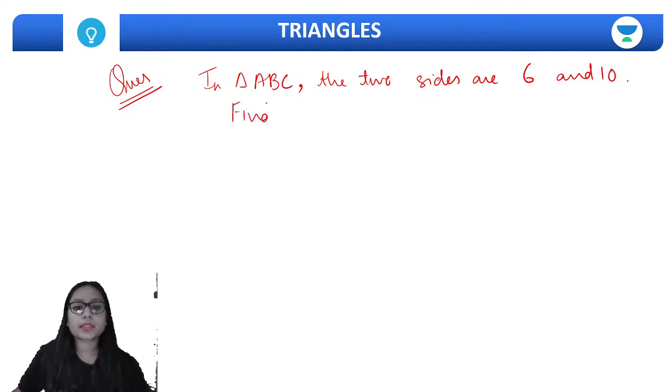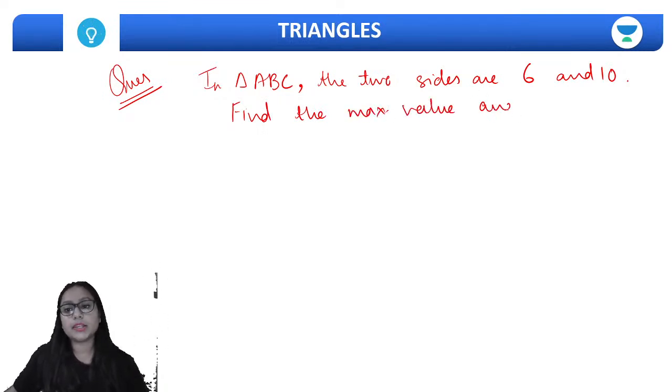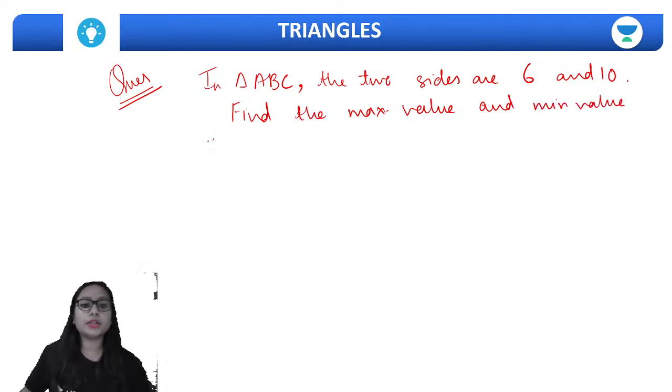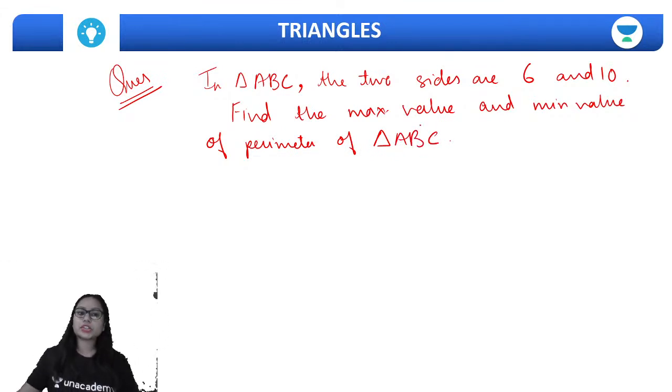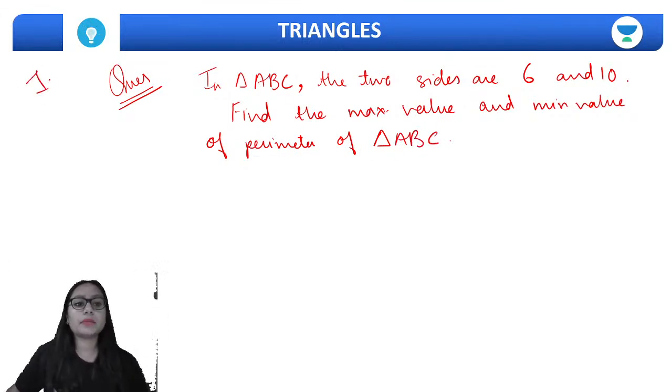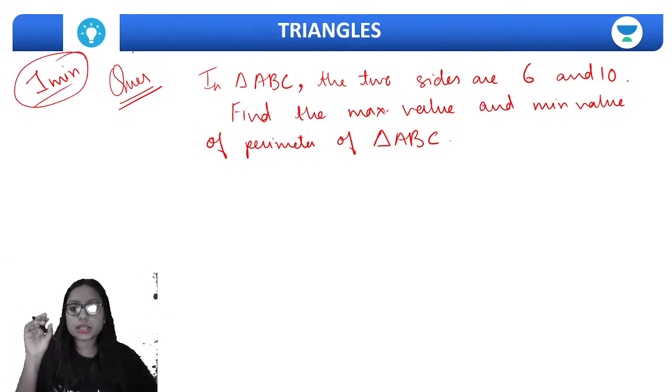Find the maximum value and minimum value of its perimeter. This is a direct application of a theorem. I'm going to give you 1 minute to solve this question. Please take a minute, understand the question and give me the answer.